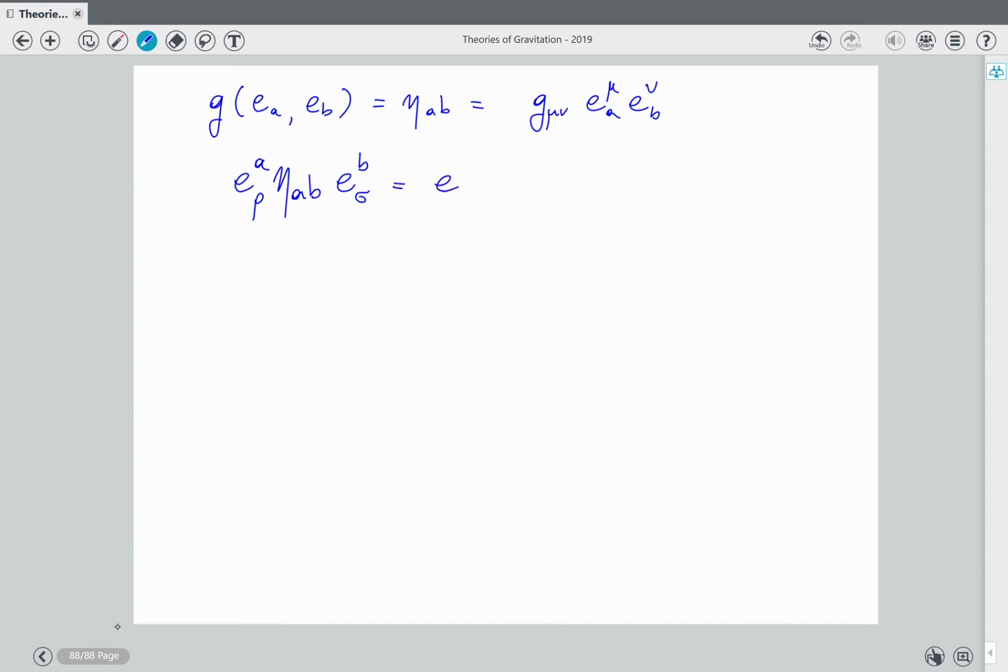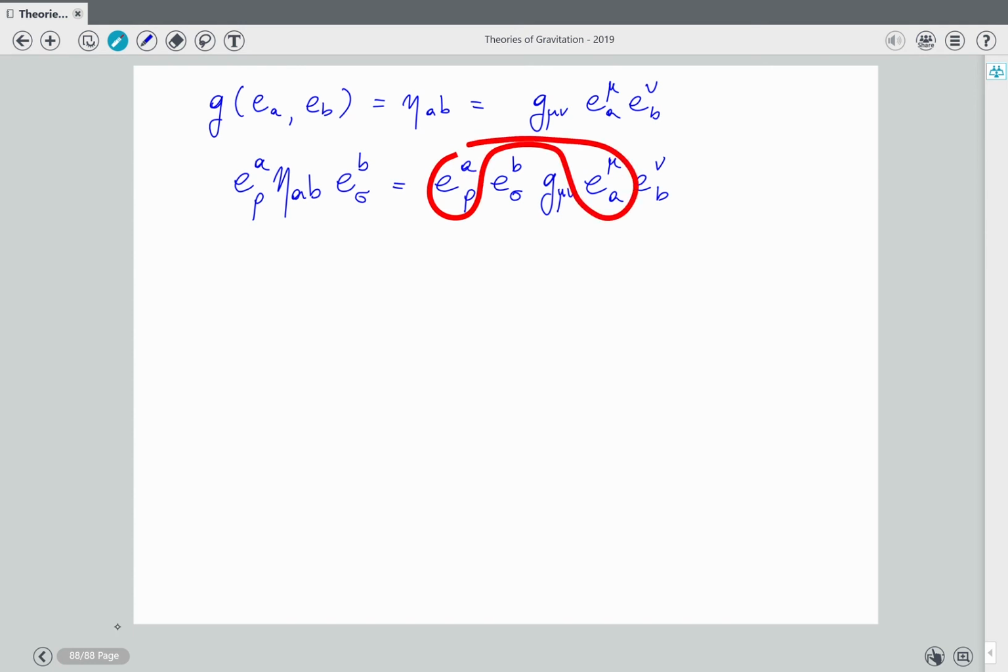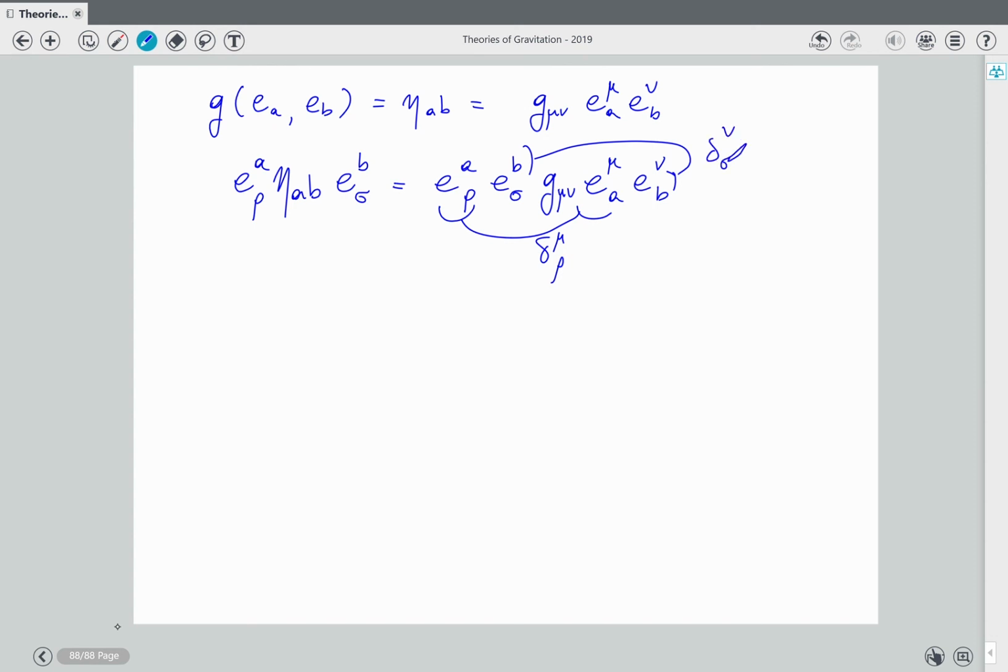Let's replace E A rho E B sigma, and instead of eta AB we have G mu nu E mu A E nu B. Now we know that these products, here there is a contraction of indices A, so this times this is equal to delta mu rho, and the other gives delta nu sigma, and once you contract by the two deltas, this is g rho sigma.